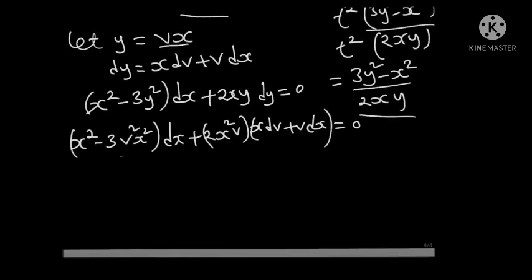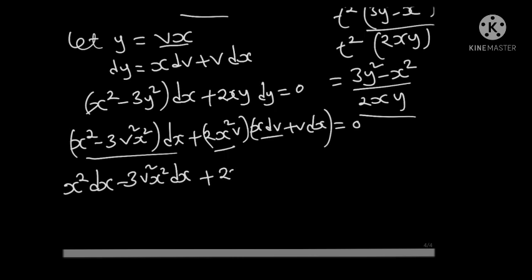Well, let's expand this. We have x squared dx minus 3v squared x squared dx plus, let's multiply this and this, we have 2x cubed v dv.